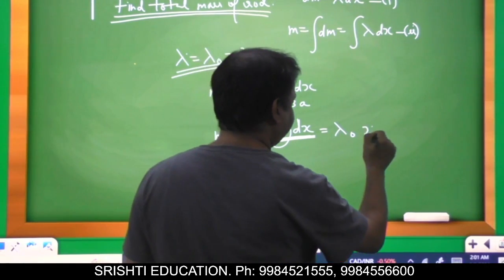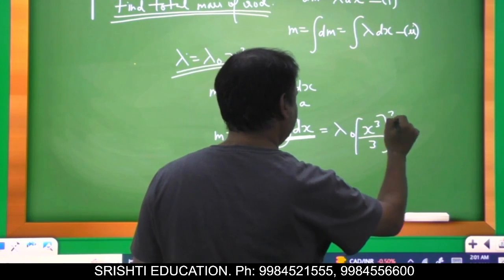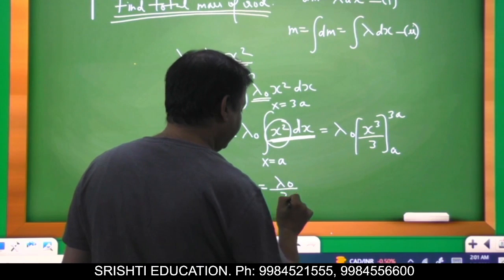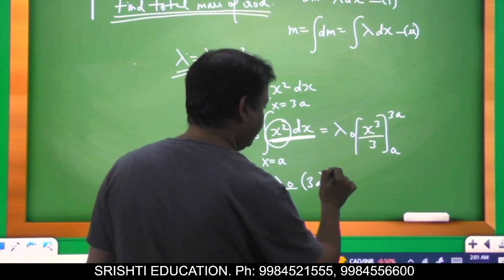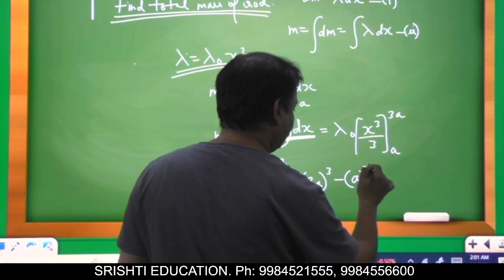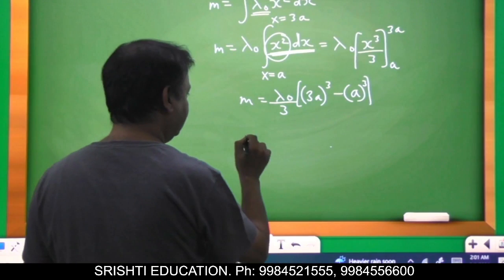So I'll get lambda naught is a constant. The integral of x square will be x cubed by 3. Now put the limit a to 3a. So mass will come to be lambda naught by 3. In place of x put 3a cube, minus in place of x put a cube. So what will I get? We'll get a cube common.